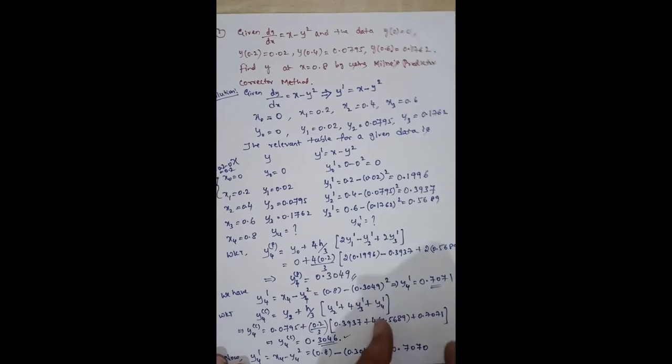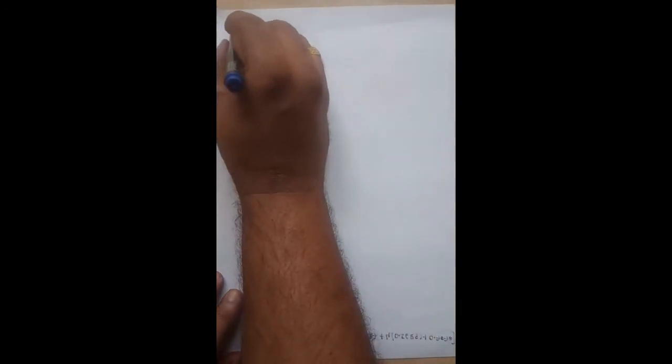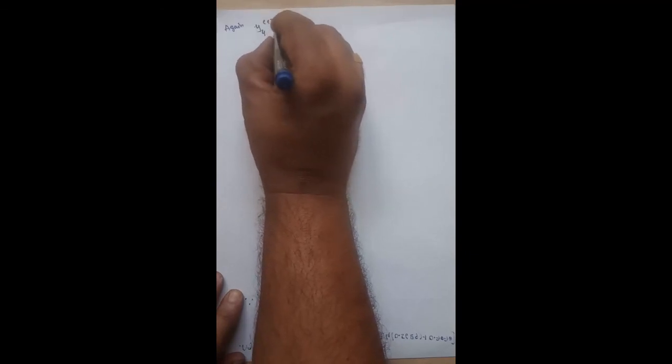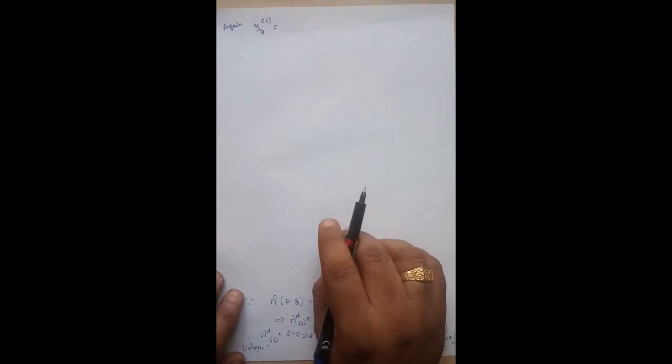So let us see how to calculate. Again, we apply the corrector formula now. y4 power c equals, see the corrector formula already we have written, so directly I'll show the substitution.